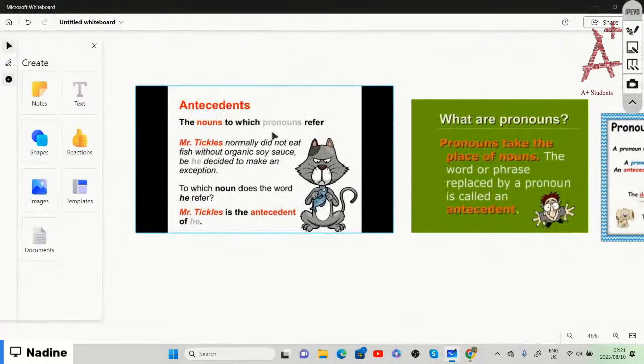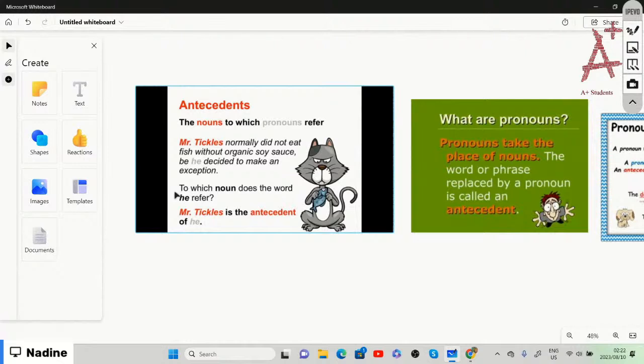So once again, an antecedent is a noun to which a pronoun refers, right? For example, Mr. Tickles normally did not eat fish without organic soy sauce, but he decided to make an exception.